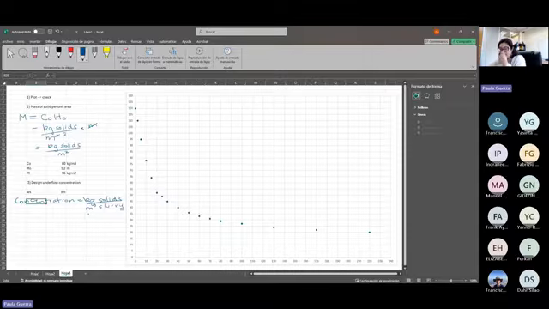Okay? So this design underflow concentration is going to be calculated as follows.